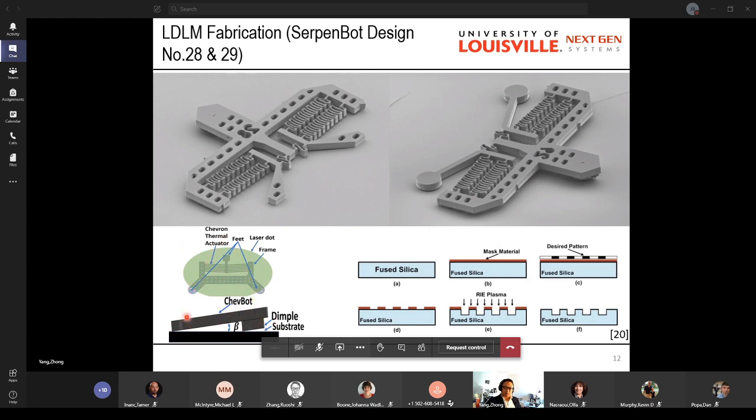This is a side view of it, the frame and the actuator, and there is an angle. Finally, this robot makes the stick-and-slip motion. You can see the dimple here, this is the leg, there's a dimple here, this is the leg.